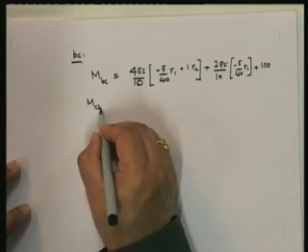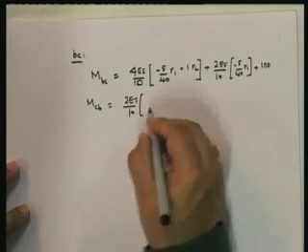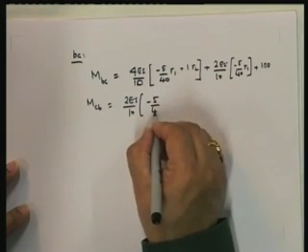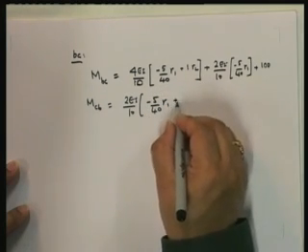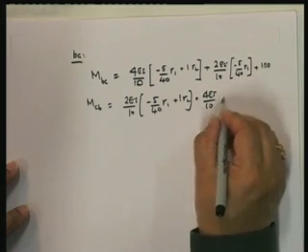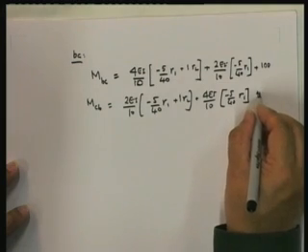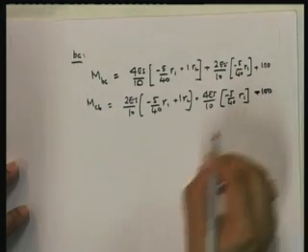Similarly, MCB is equal to 2EI upon 10 minus 5 by 40 R1 plus 1 R2 plus 4EI by 10 minus 5 by 40 R1, and then minus 100.